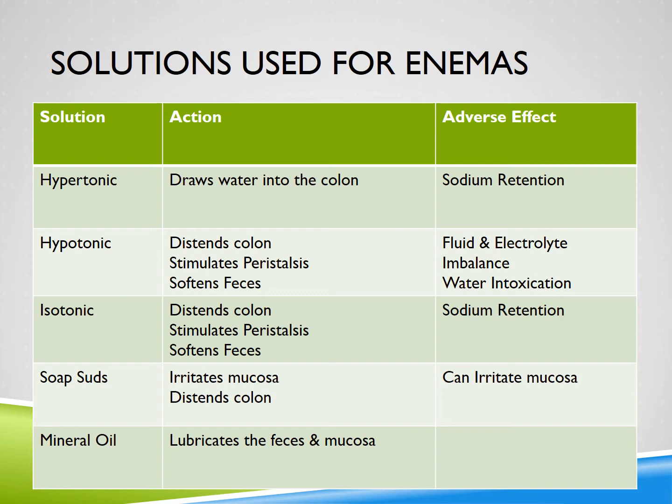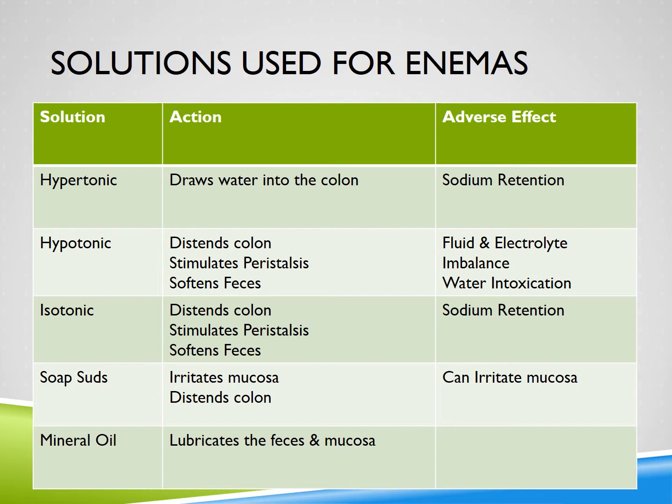Hypotonic distends the colon, stimulates peristalsis, and softens feces. There could also be a fluid and electrolyte imbalance with this one. Too much water can give them water intoxication, which is just no electrolytes in the water. It's just an excessive amount of water.